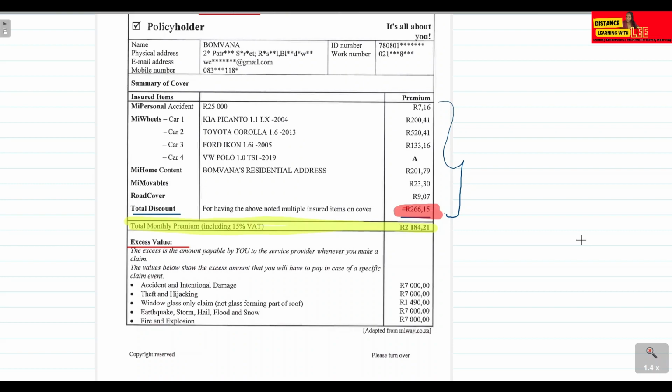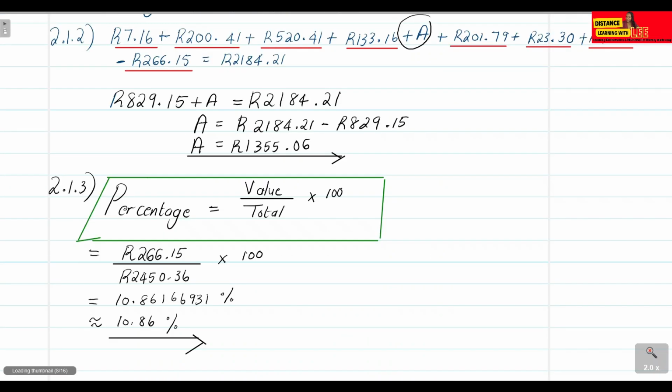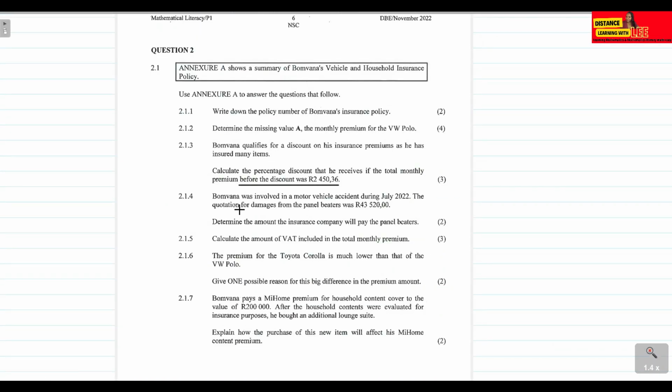Ridiculous, honestly speaking. So in this case, because Bomvana got into an accident, he needs to pay the insurance policy a certain amount before they give him the amount that he can pay to the panel beaters.